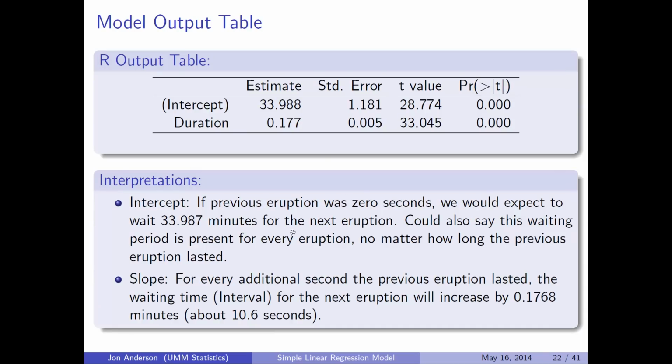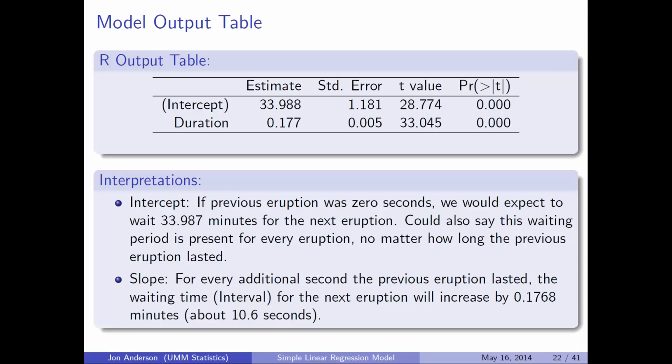The way we would interpret the estimated intercept is: how long would we expect to wait for the next eruption if the previous eruption was 0 seconds long, or wasn't very long at all?